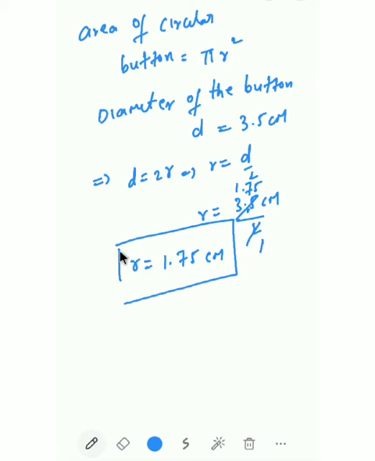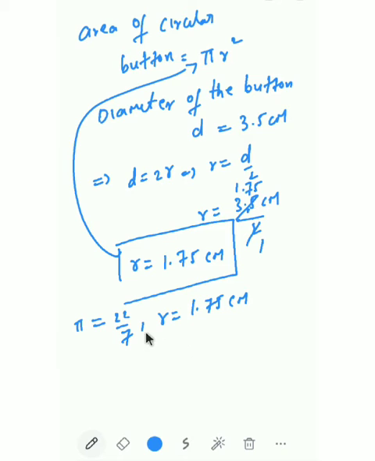Substitute this value in the formula. The value of pi is 22 by 7. R is 1.75 centimeters.